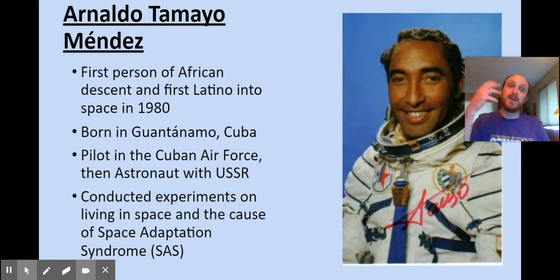Cuba and the USSR, which is the country of many different countries put together that Russia was kind of the leader of, were both communist countries, and so they had a very special relationship. And so the USSR asked Cuba to send them their best pilot so he could become an astronaut, and he did. He went up into space and did some experiments.